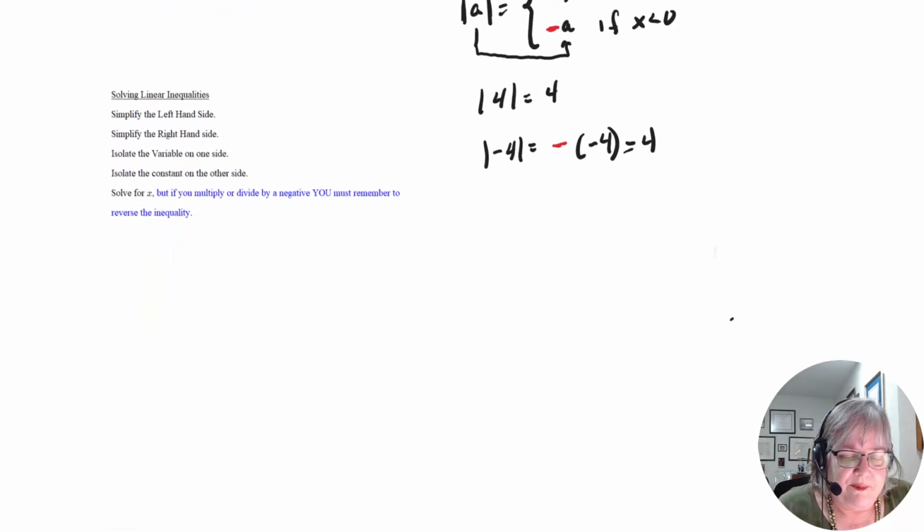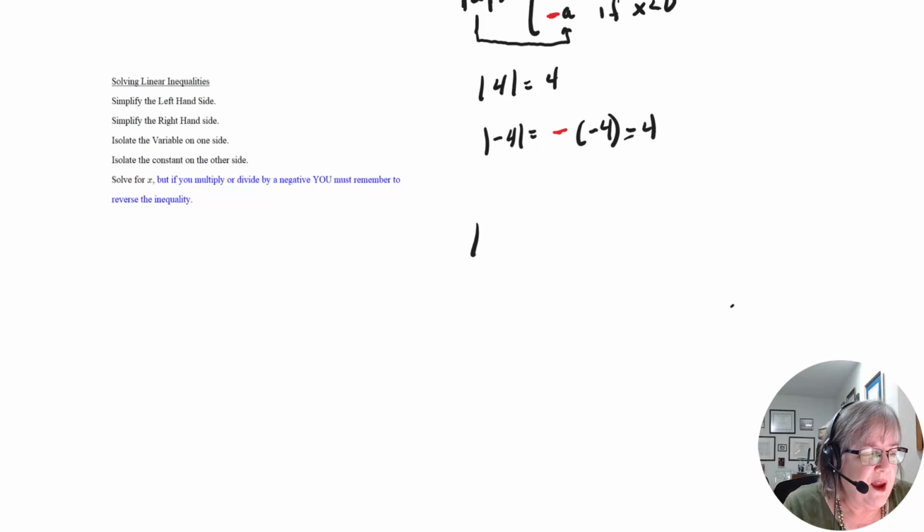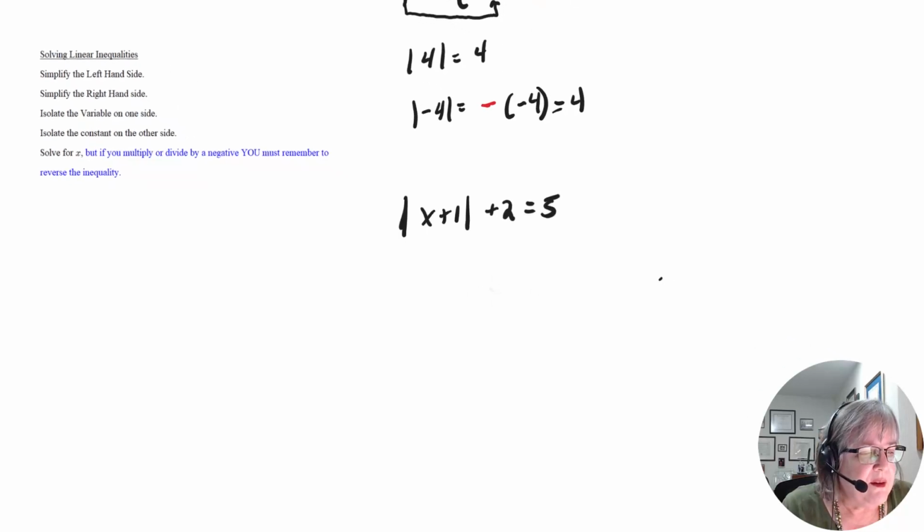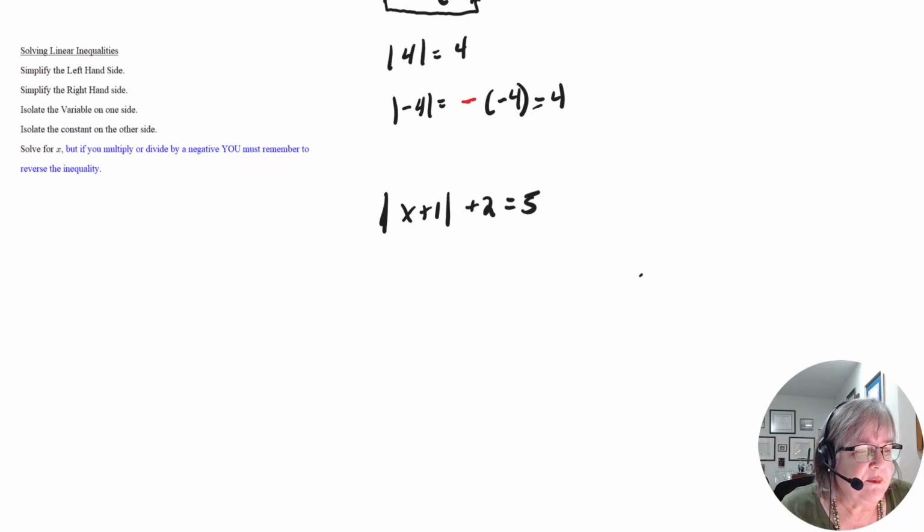So here we go. What if I have the absolute value of x plus 1, plus 2, is equal to 5? What we're going to do is try to start off with the steps that we've learned.